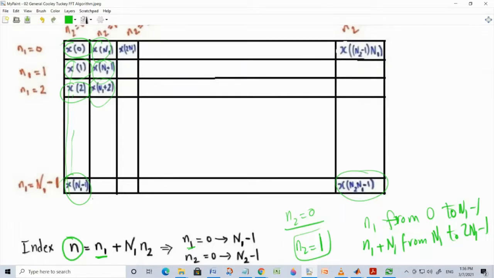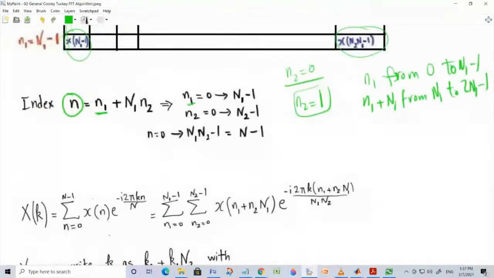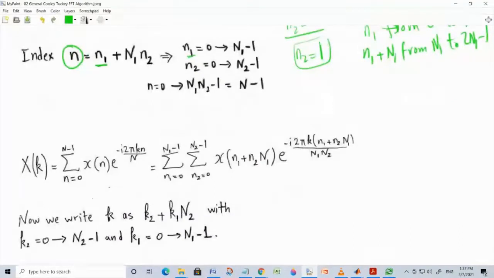Strange. So you will take your data, and the first step is a sort of pre-processing. You arrange your data as a two-dimensional array. This two-dimensional array has two indices, n1 and n2, and they are related to the original index small n by n equals n1 plus big N1 times n2.